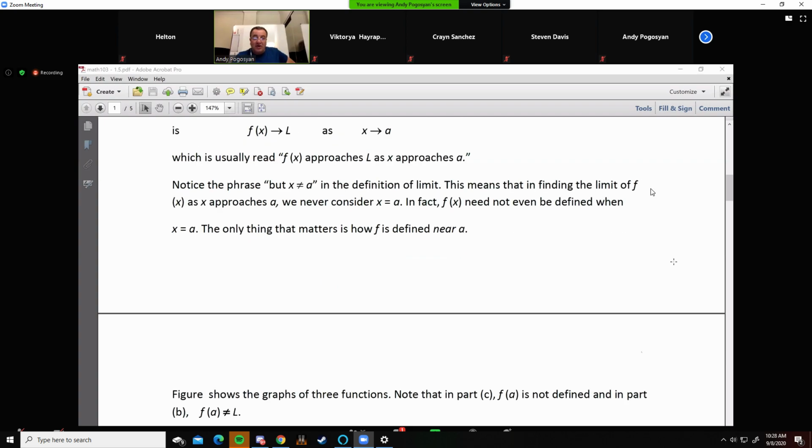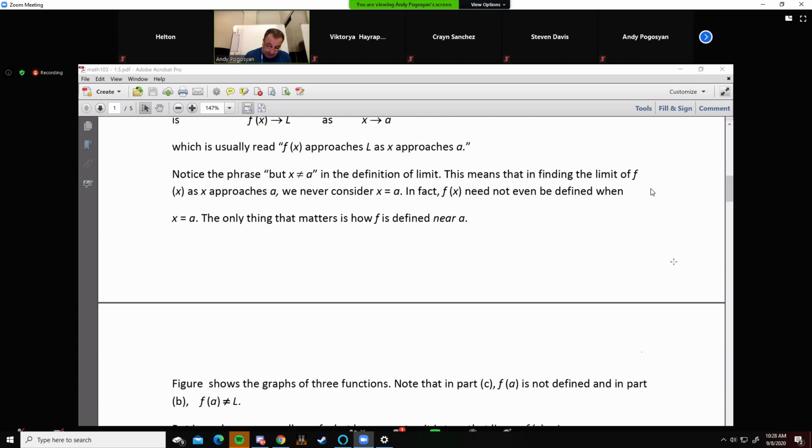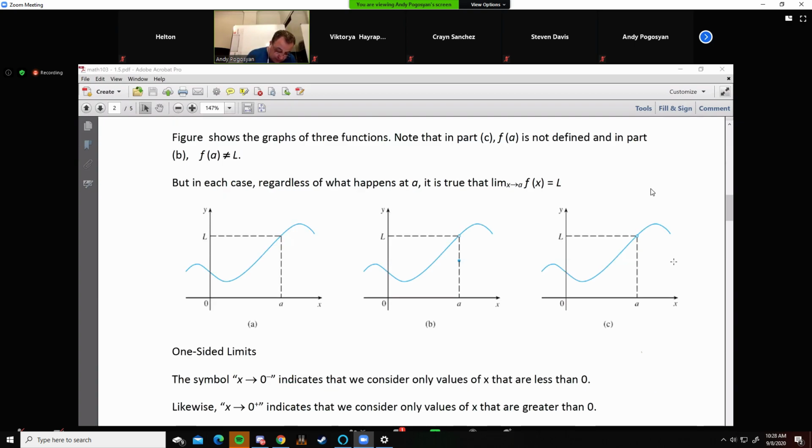Now, three graphs together. First one: the limit of f of x as x approaches a is L, and f of a is also L. So the limit exists and the function value is also defined, and they are the same.